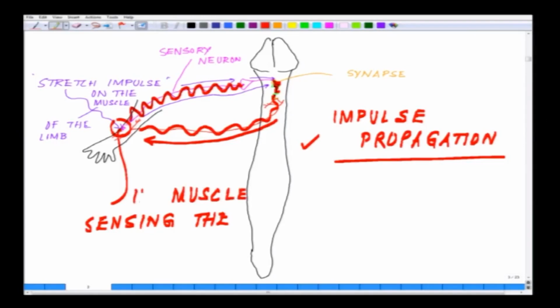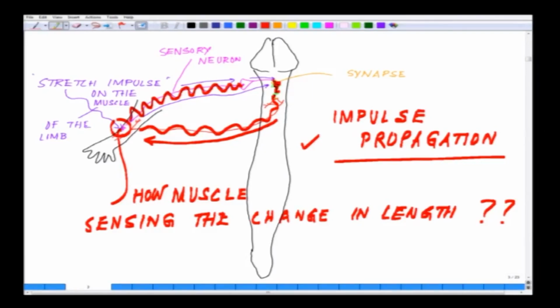Let us pose the question, how is the muscle sensing the change in length? This part we haven't discussed yet. This we have to discuss. Okay. So, we will be discussing this after this.